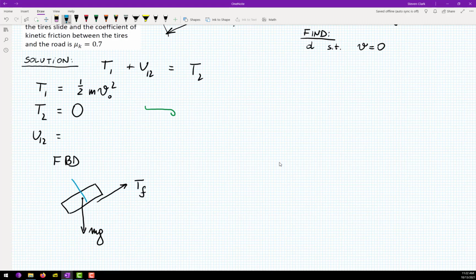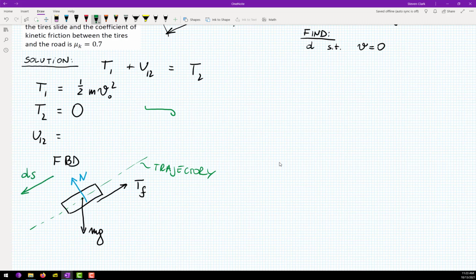I think this is our trajectory, and ds points this way. I hope there are no objections.